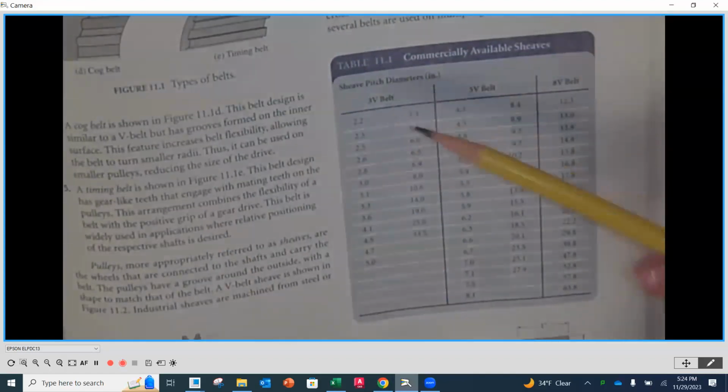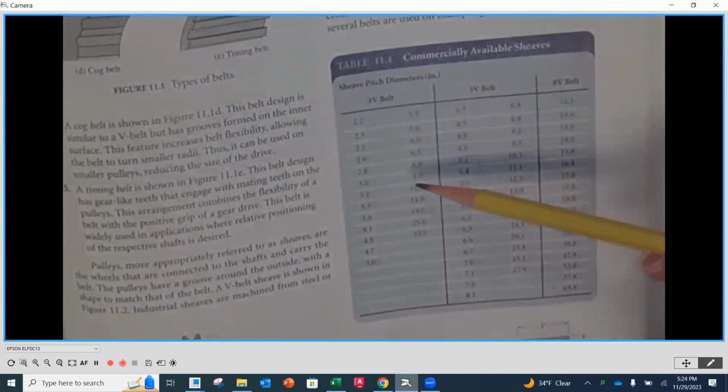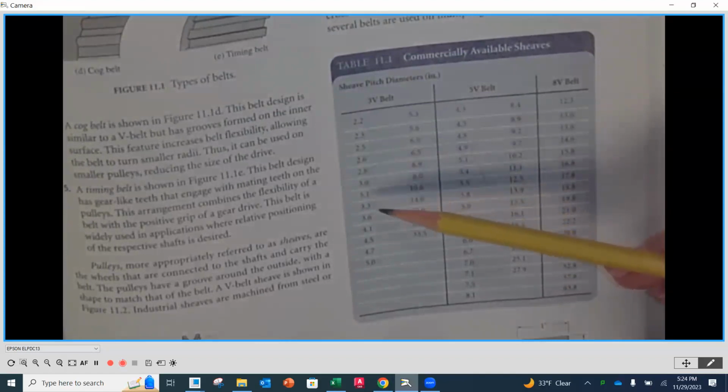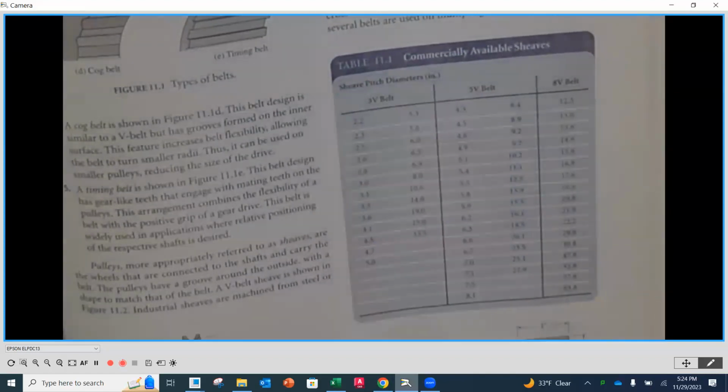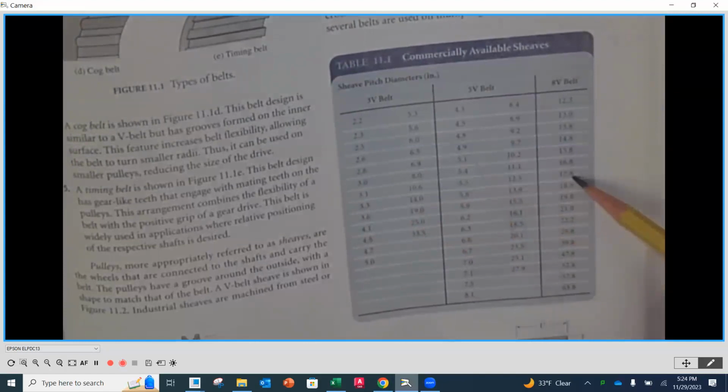So if you choose a 3V belt, the pulleys with the pitch diameter, these are the sizes that are available to us, nothing in between. You've got to work with what the manufacturer actually offers. So that's for 3Vs, 5Vs, and also 8Vs.